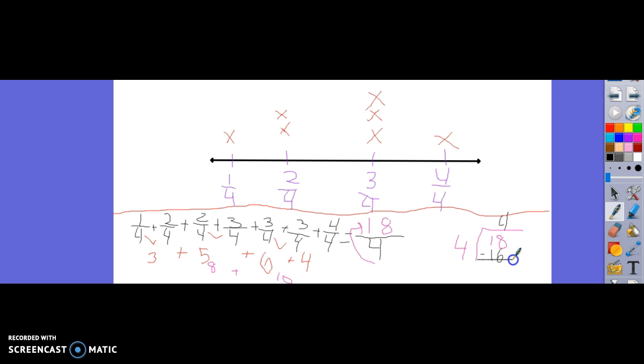Subtract 18 minus 16 is 2. Now, can I do anything else with that 2? No. So 2 becomes my remainder. But in fractions, I don't say 4 remainder 2. I say 4 and 2 fourths of an inch. So 4 and 2 fourths inches.